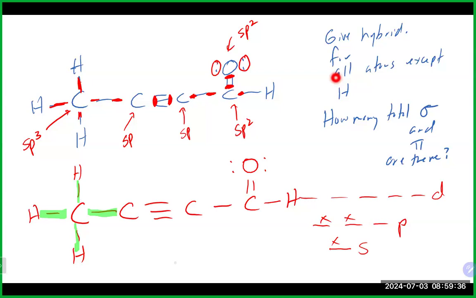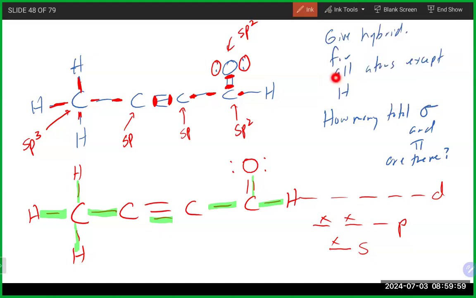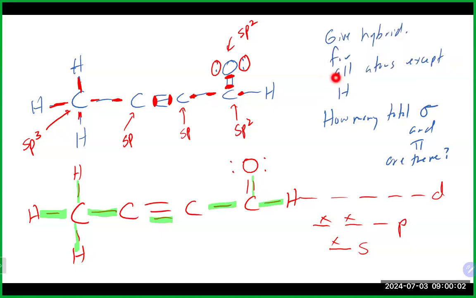Remember, a triple bond is a sigma bond and 2 pi bonds, which means we do have 1 sigma bond hanging out there in the triple bond part of it. We also have a sigma bond here. We have 1 here. And also a double bond is a sigma bond and a pi bond together, which means one of those guys would account for a sigma bond. So where do we end up with there? 1, 2, 3, 4, 5, 6, 7, 8. We have 8 sigma bonds in this particular case.